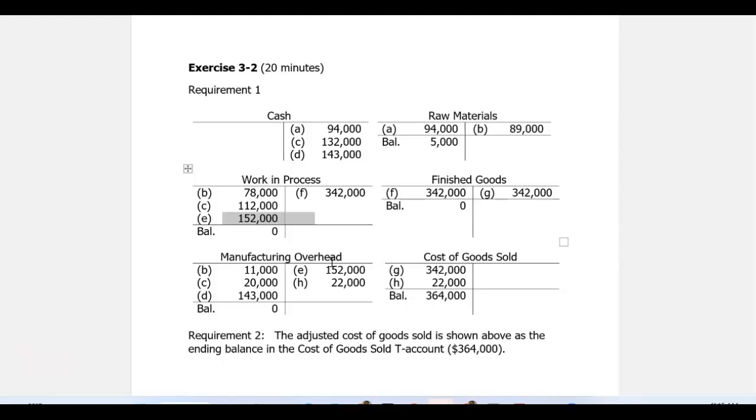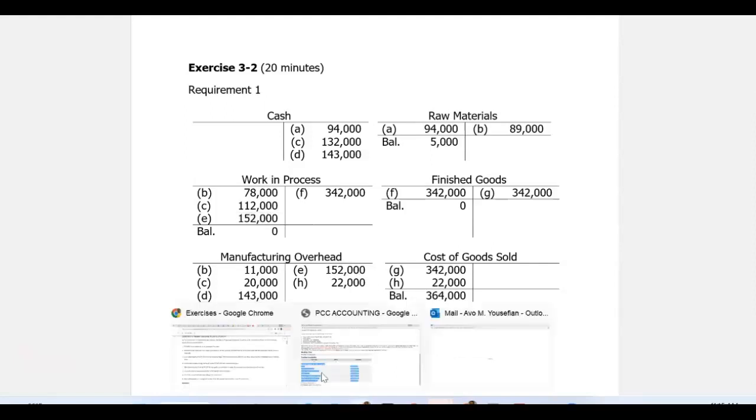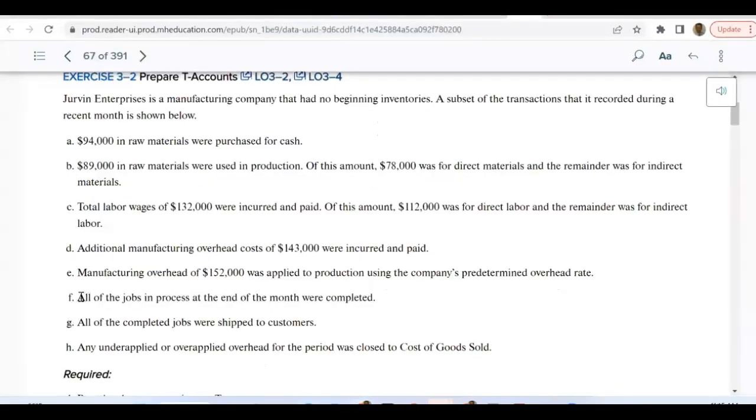Okay. But this application is just based on the estimated manufacturing overhead. It's not accurate. It might be a little bit off, right? So here you see it's $22,000 off. All of the jobs in the process at the end of the month were completed. Perfect.